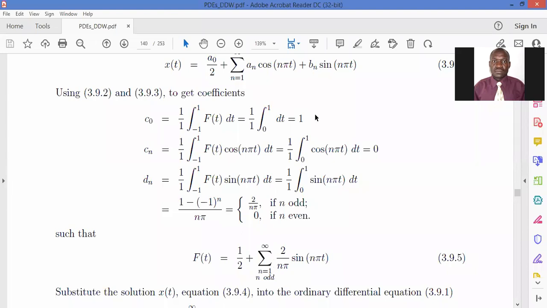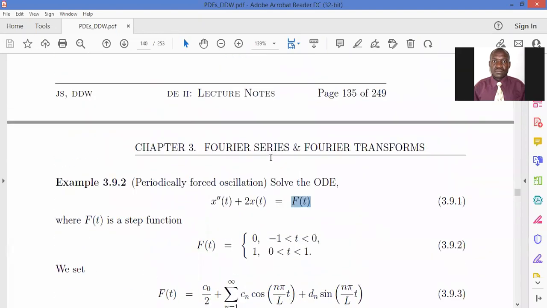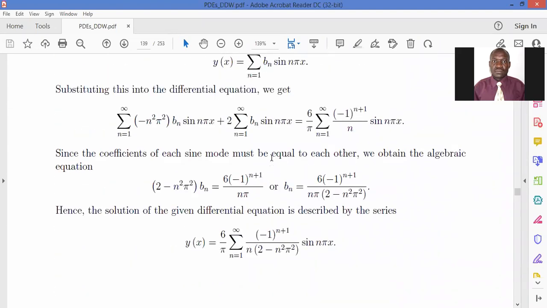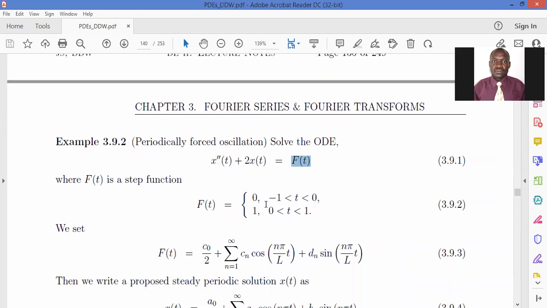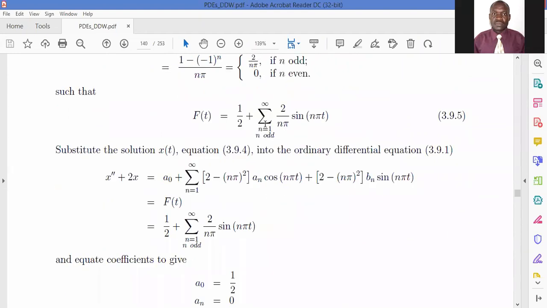So since we have this as the representation of Ft, but remember, Ft is the non-homogeneous, remember the other one is a non-homogeneous differential equation. So that function Ft is this. So it means now we have to bring our x prime prime plus 2x, and we equate it to this term here.